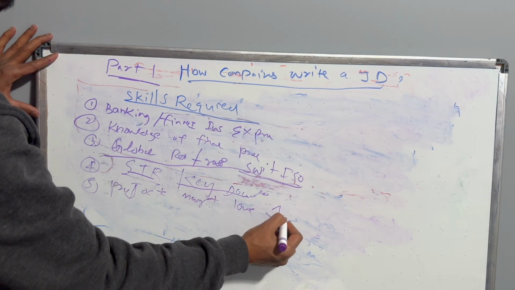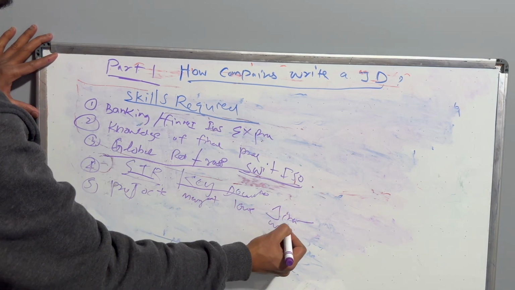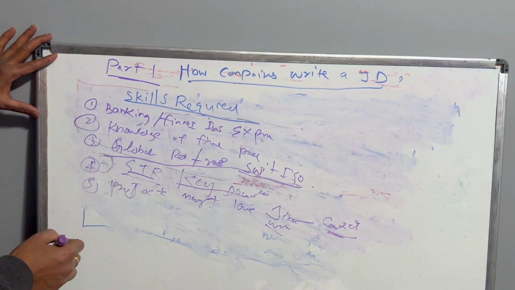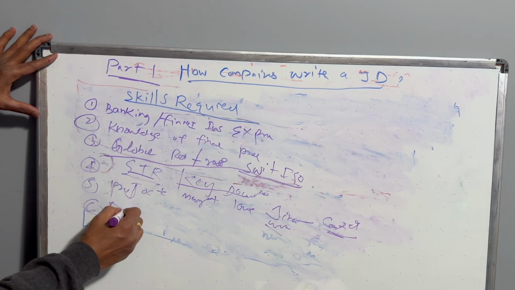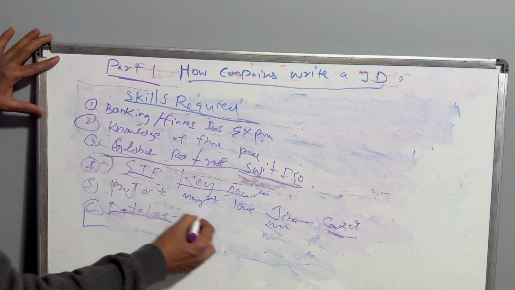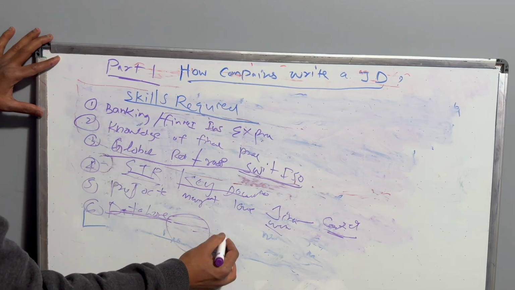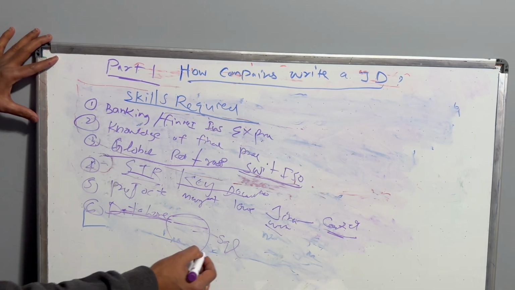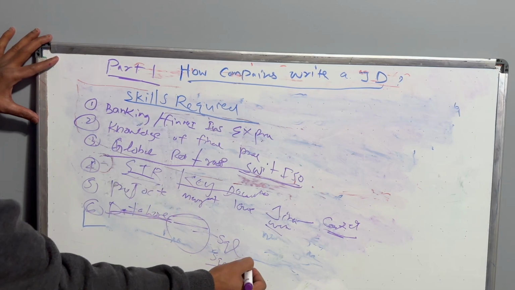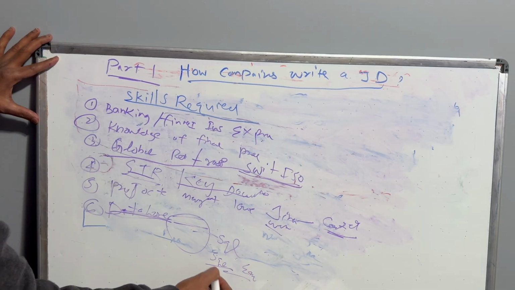What are the tools? Jira for writing user stories, Confluence for documentation, right? Database. It's not mandatory, but it's good to know. Can you pull the data from SQL? Can you write a simple query? Or you can get the query from the developer. Can you execute it and get the data?